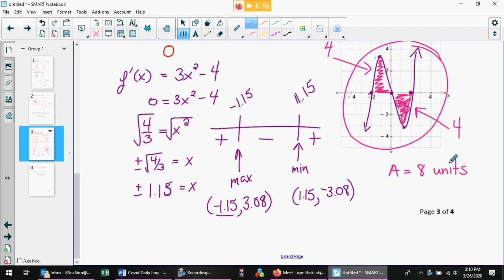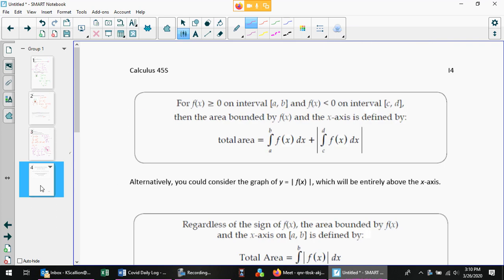So this is what I'm going to show you next. Now in I4, I'm giving you a completely different, well, it's not a completely different formula, it's an edited formula. So on page 4, what it's saying is take your first interval, add it to the absolute value of your second interval.